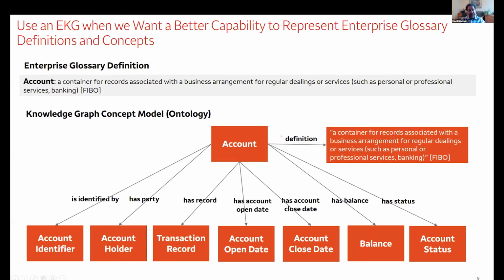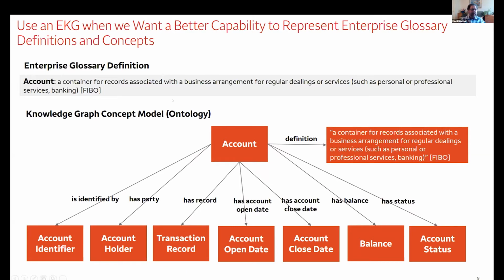It'll also have the same definition, but in addition, it's going to have the related concepts. So you can think of account in a more holistic manner in a knowledge graph because it provides the related concepts that provide the full context of understanding of that account.